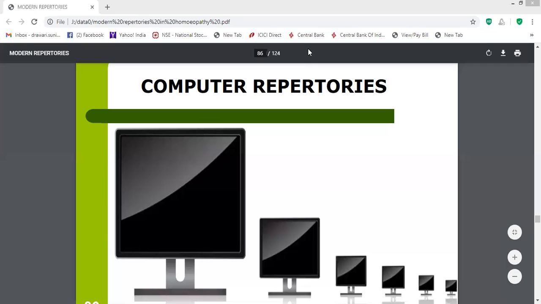Nowadays computers are used. It is a part of life, and for homeopathy also, there is no exception, because it is very useful in homeopathy also.